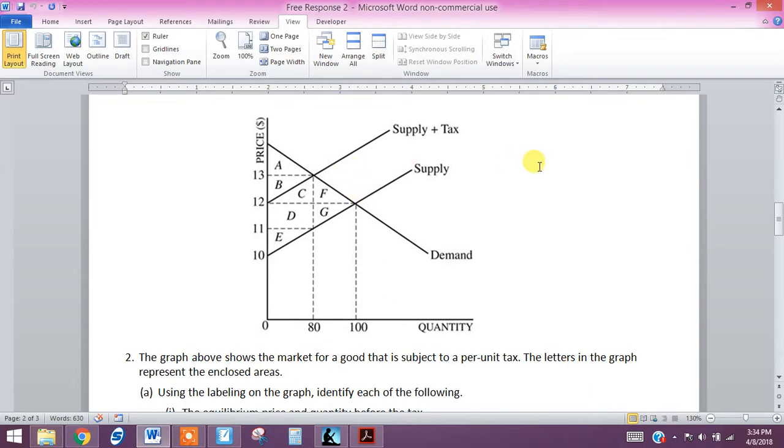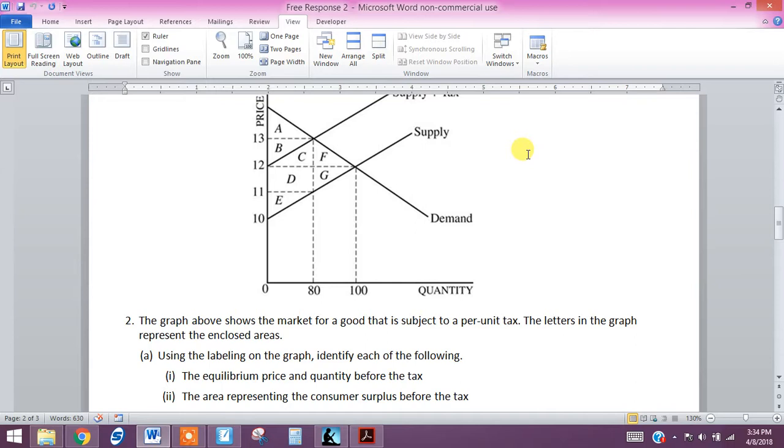A general tax, applied as just a lump sum tax, would shift your average total cost curve, but a per unit tax shifts your marginal cost or your supply curve to the left.